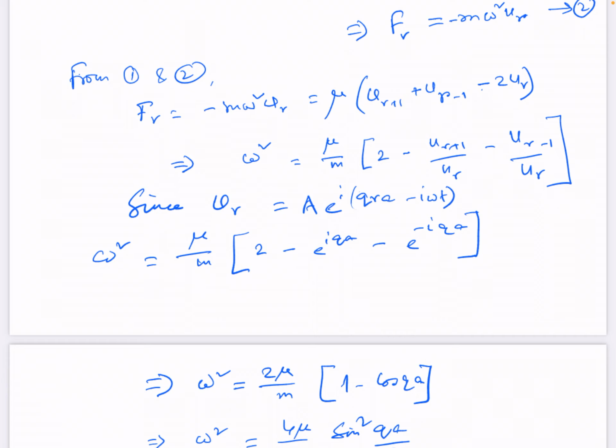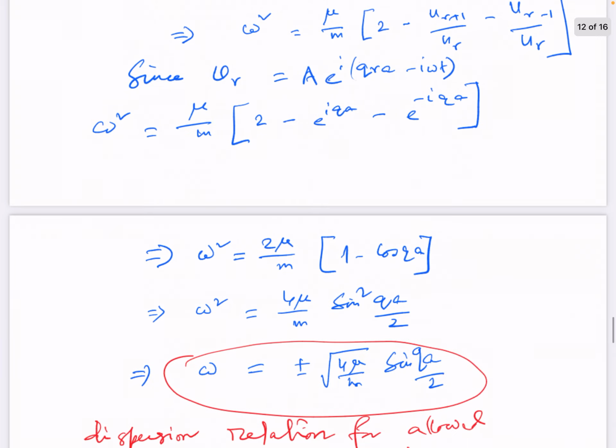Meaning that we will know at what wave vector what kind of frequency of phonons we can expect in this particular infinite linear lattice, with lattice constant a and wave vector q.